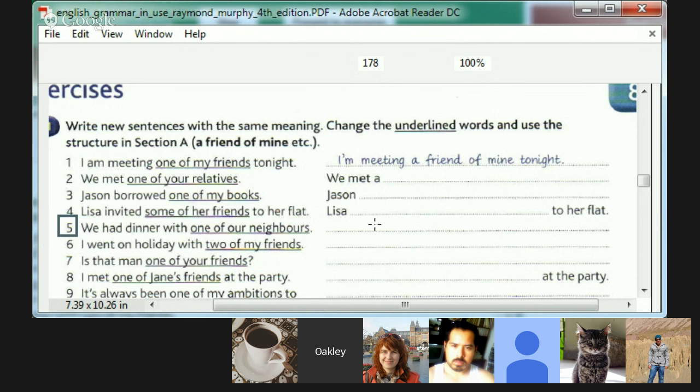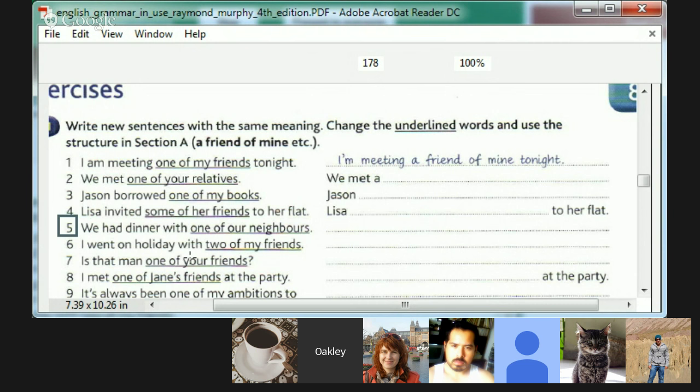Remember that the article a means one of something, so it's just easier to use it. We had dinner with a neighbor of ours. A means one, so it's not necessary to go through all that.